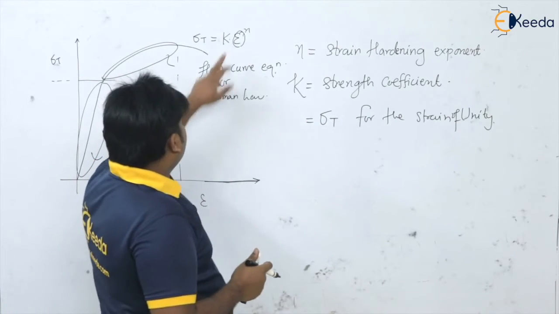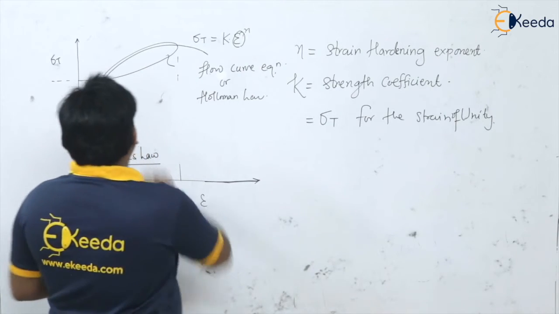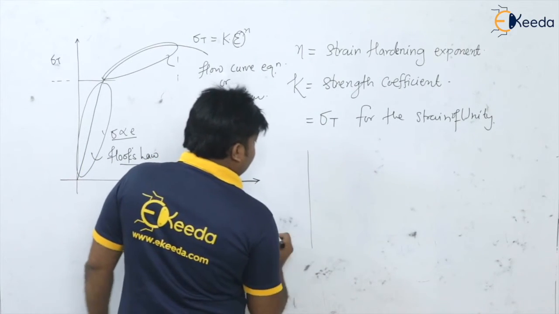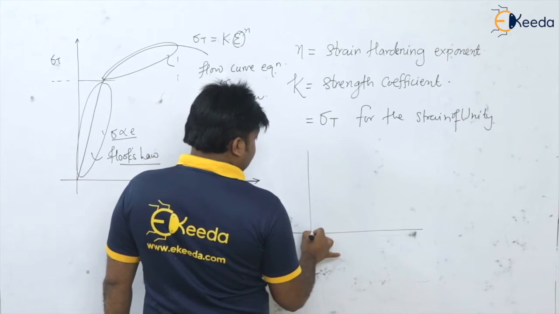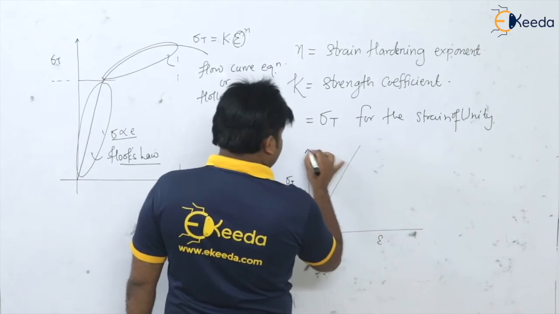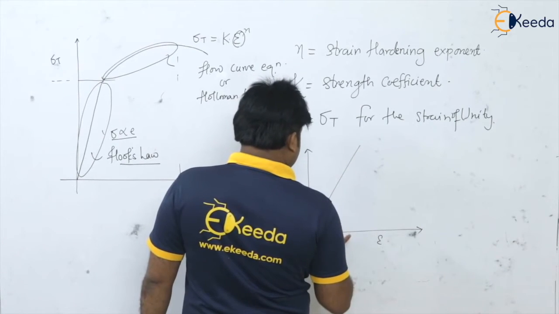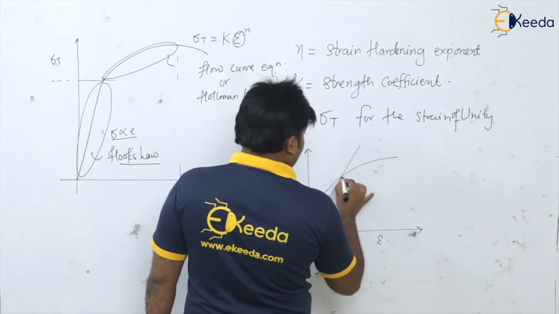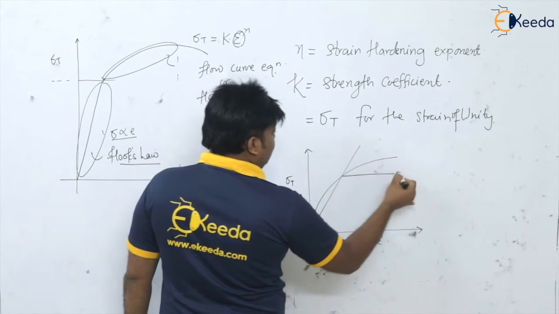So of course when n is equal to 0, in this curve, suppose I can have the values for n like this. So this is sigma T versus epsilon. I can have this or this value. See here, if n is equal to 0, the slope is 0.